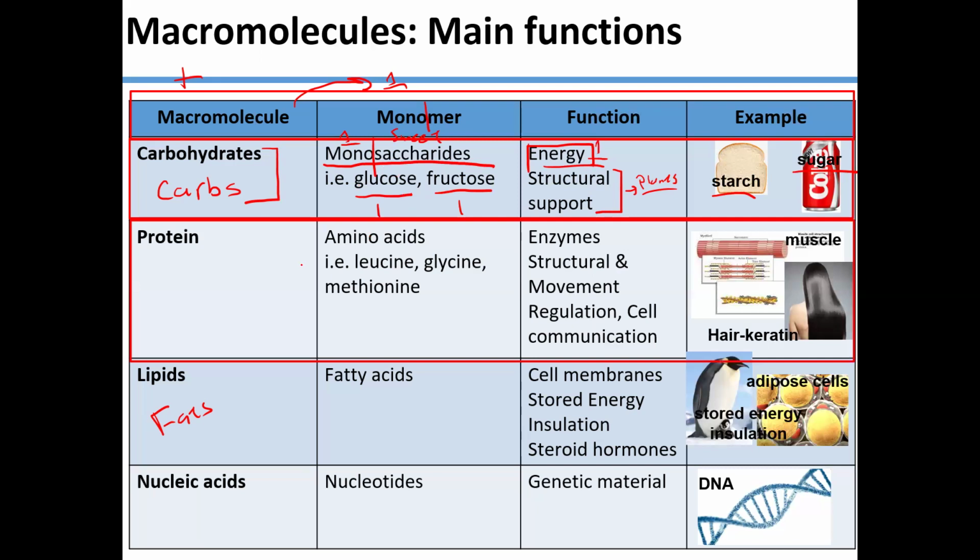Proteins are going to be another example of a macromolecule, and the monomer, so remember the smallest form of proteins, are going to be amino acids. Okay, functions of proteins are going to be enzymes, which remember enzymes are going to be proteins that speed up reactions. So great examples are going to be lactase.